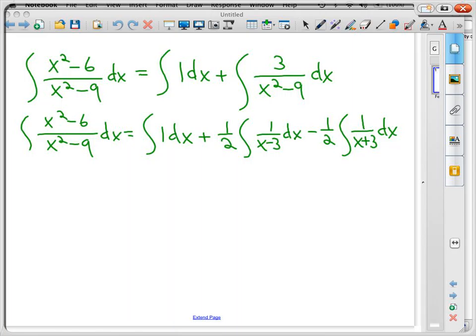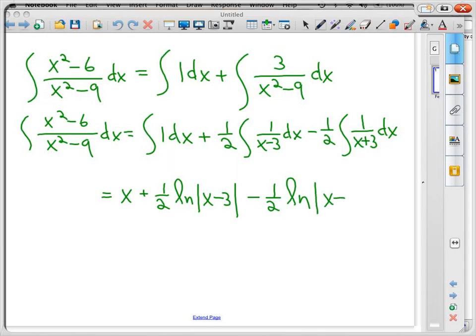So my final answer is going to be obviously x plus 1/2 ln the absolute value of x minus 3 minus 1/2 times ln of the absolute value of x plus 3.